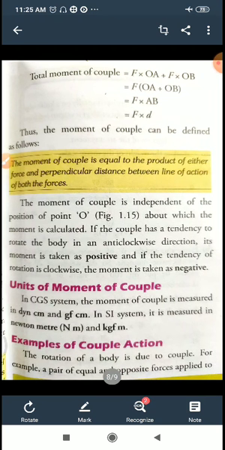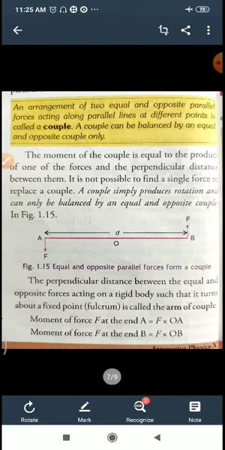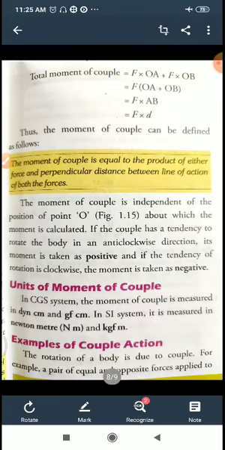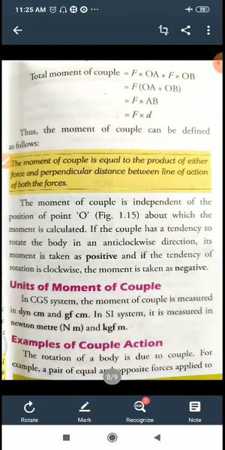F can be taken as common: F into (OA plus OB). OA plus OB is exactly AB only. So, F into AB, and AB we have taken as D. So, what we have derived here is force into the distance between the two parallel forces.